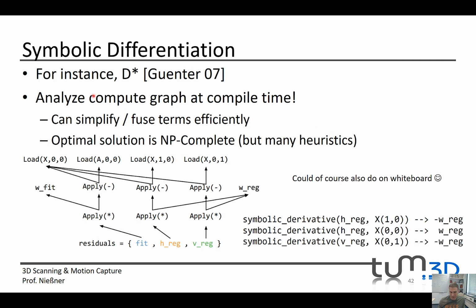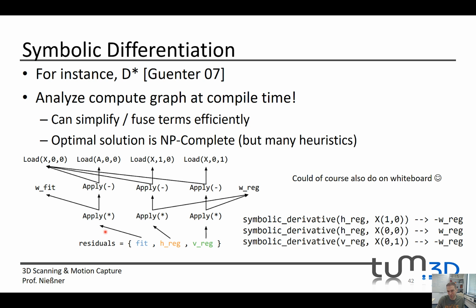But if you do symbolic differentiation, you can basically do this by hand. You have some expression, and based on these expressions, you compute the compute graph. Based on your compute graph, you compute the derivatives offline first, and then you do a simplification step, which gives you a good answer.